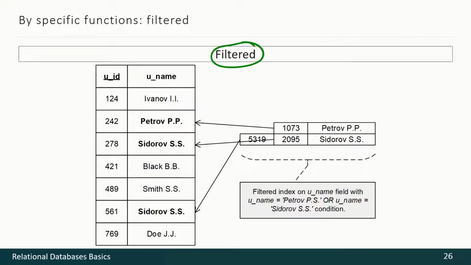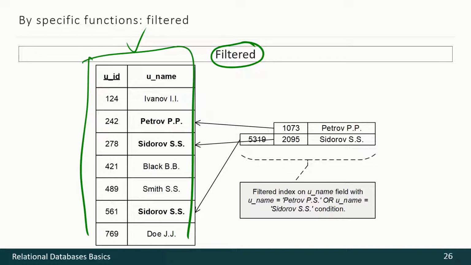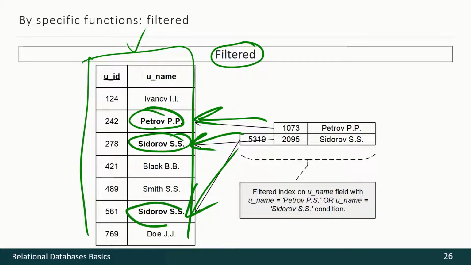Filtered indexes allow us to have a lot of data, but store information about only several records matching some criteria. Imagine these people are people of interest for us. Maybe they are somehow extremely good or extremely bad, it doesn't matter. We want to know something about only Petrovs and Sidorovs here.